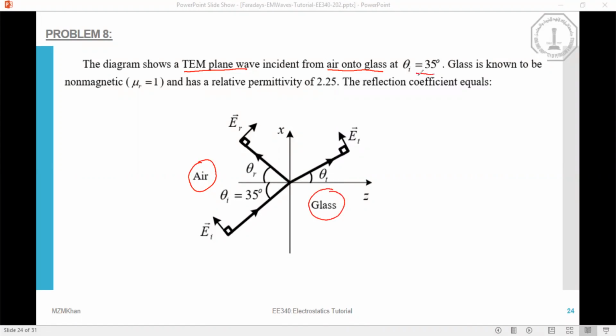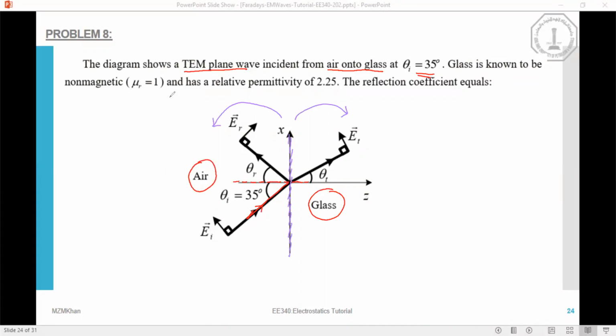And the incident angle is 35 degrees. So this is my TEM wave, which is incident. And my angles are always measured with respect to the normal to the interface, because this is my boundary. And this is my air, and this is my glass. So this is 35 degrees.